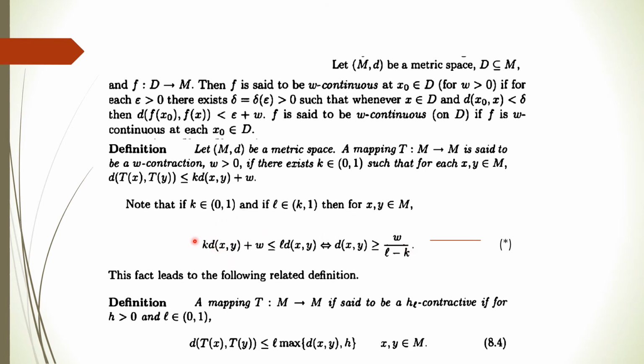If the distance of x, y is greater than or equal to this, then this number is less than or equal to L times d(x,y). So this is an important relation.